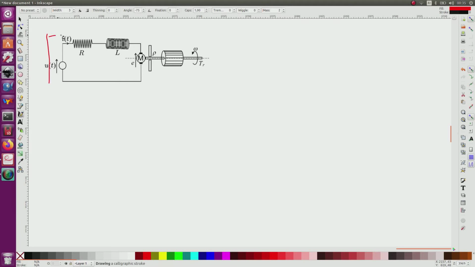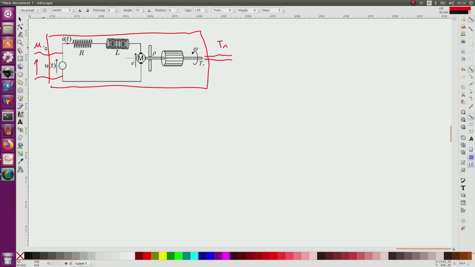The input of this motor is U. And there is also a use here, TR, which will be used later, but at the moment, since it is not used yet, I can consider that it is also an input, where TR and U are the inputs.